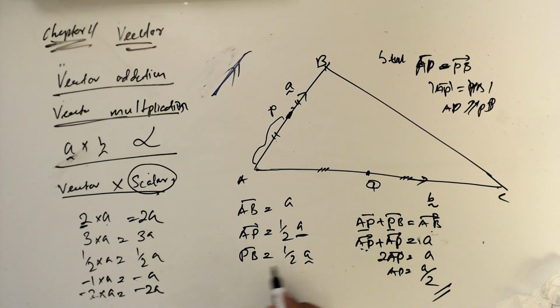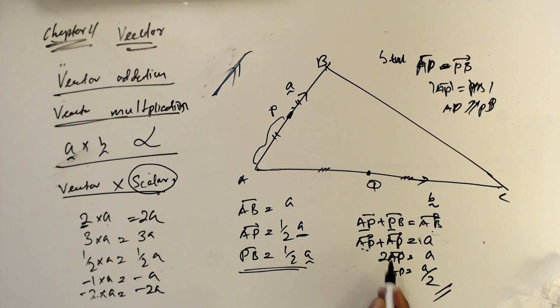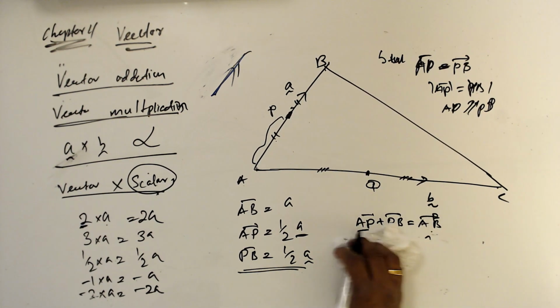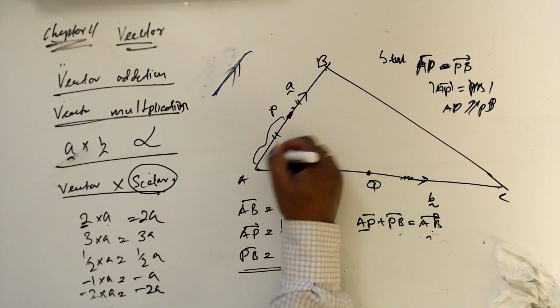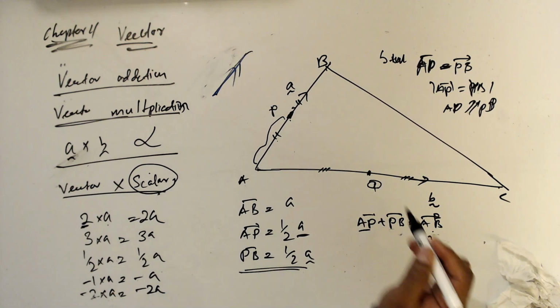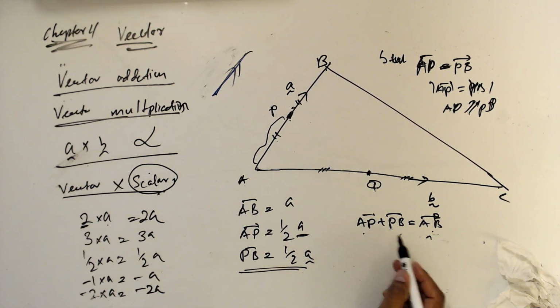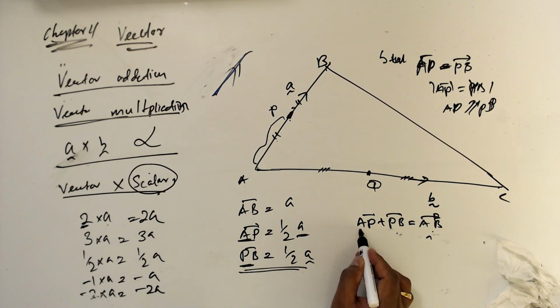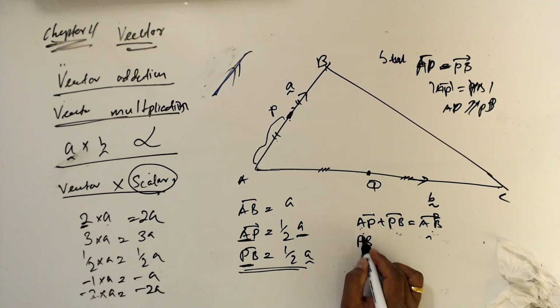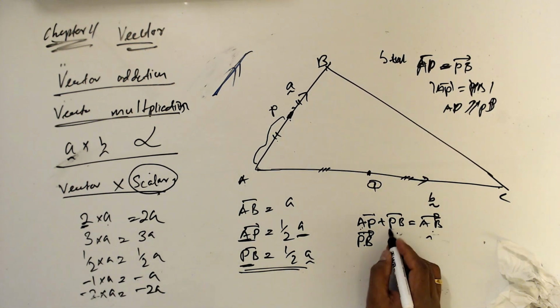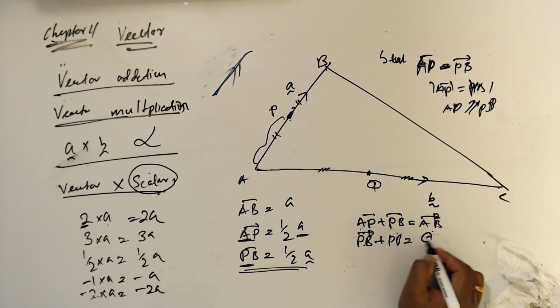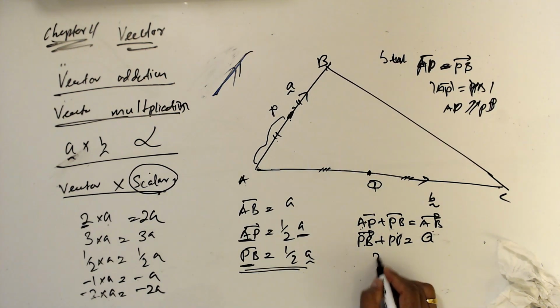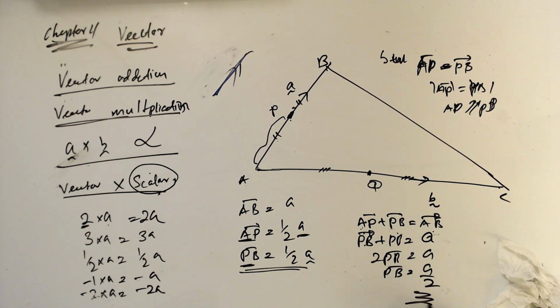I can do the same from here: AB equals AP plus PB. Now I drop AP and write PB instead. Is AP equal to PB? Yes, they are equal vectors. PB plus PB equals AB, which is A. Now 2PB means A, so PB equals A divided by 2.